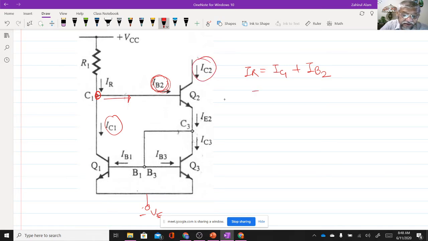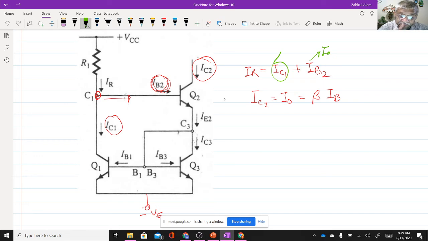So I can write IC2, which is equal to the output current, equal to beta times IB2, considering all the transistors are identical. So IB2 is related to the output current, but for IC1 we need to relate it in terms of output current.